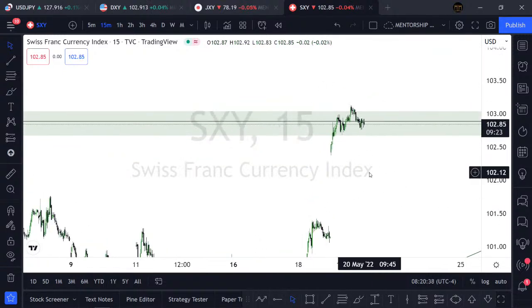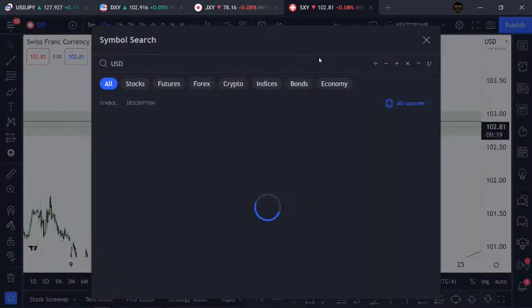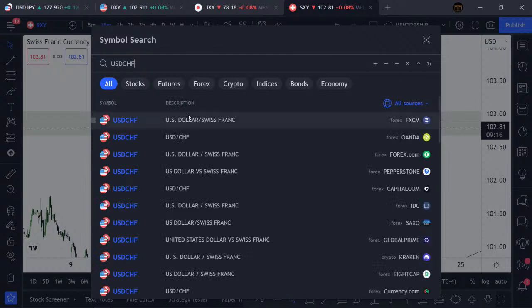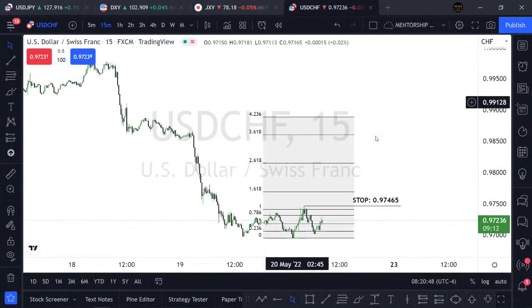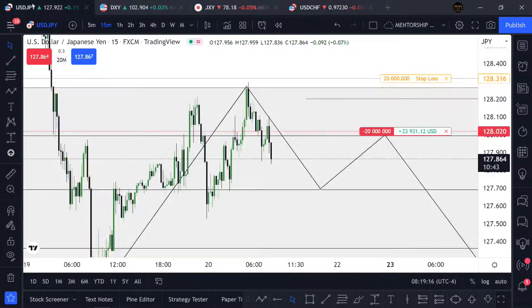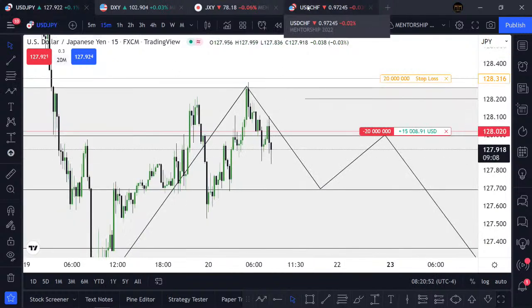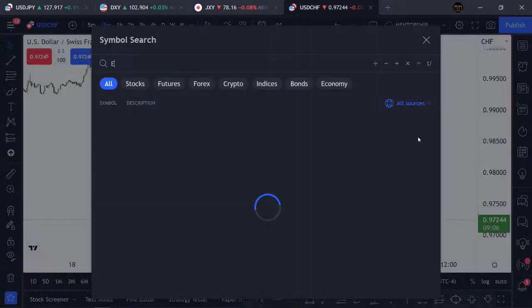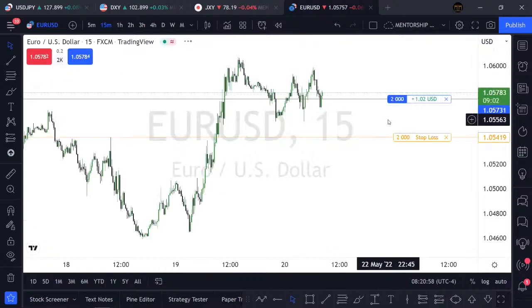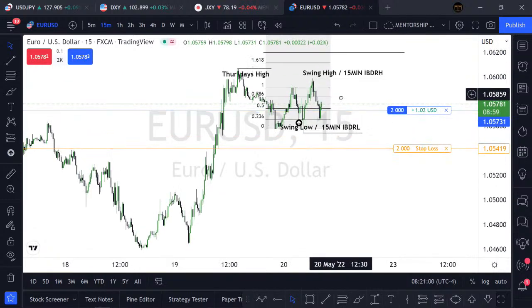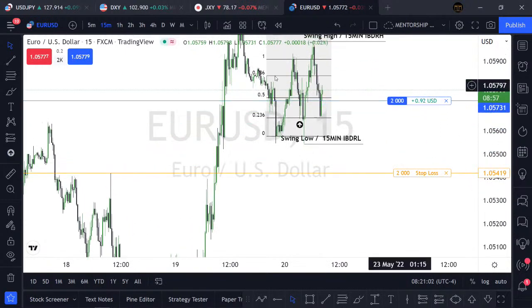I won't trade the Swiss because of this. So let's look at the Euro USD, and see how it is performing.